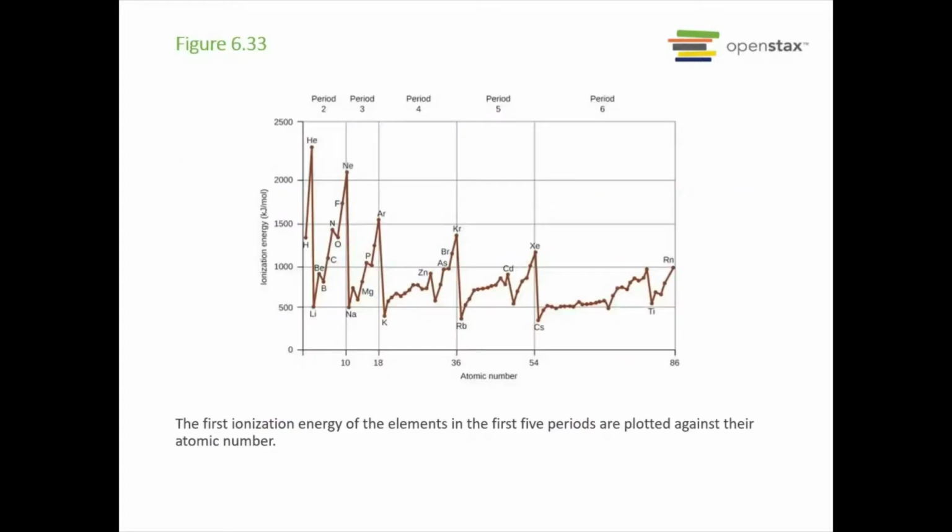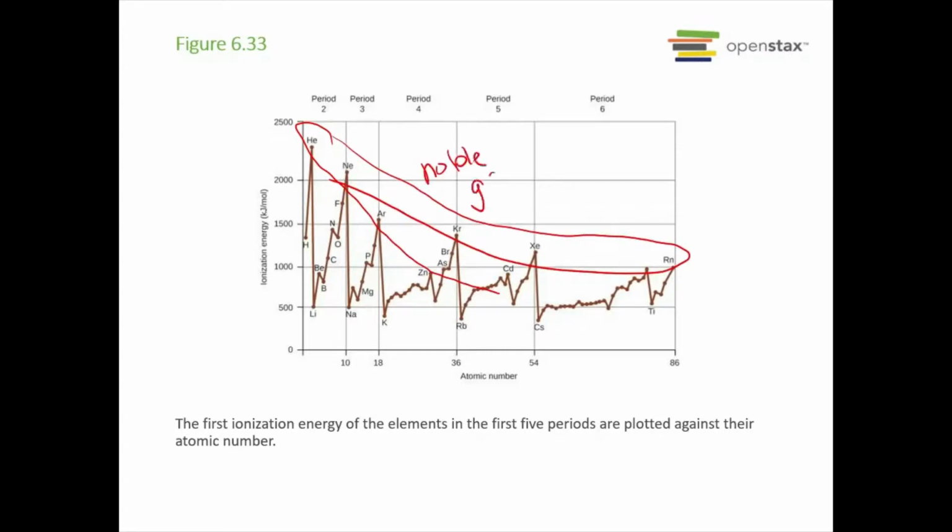So here is a graph showing you the first ionization energy of the elements, plotted against their atomic number. And you can see our noble gases up top with the highest. Makes sense, right? Because not only are they our smaller elements, they also have a nice full valence. They're nice and stable.